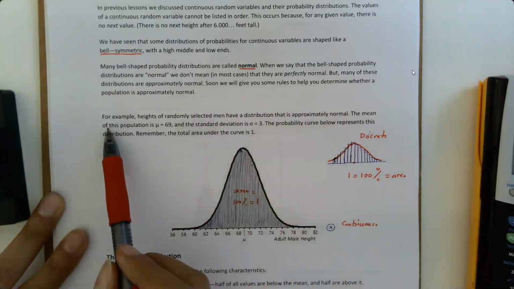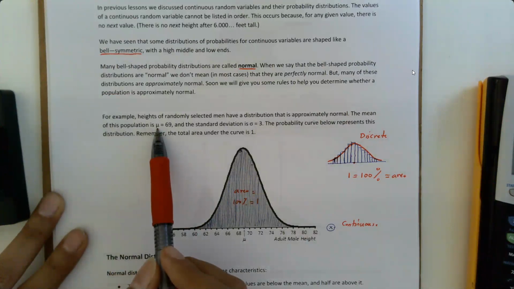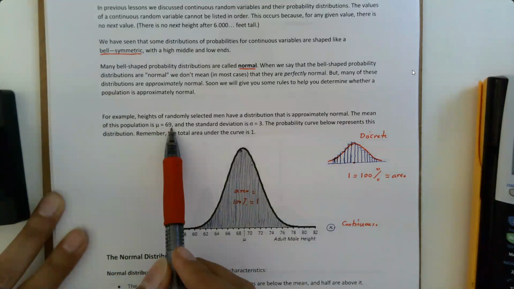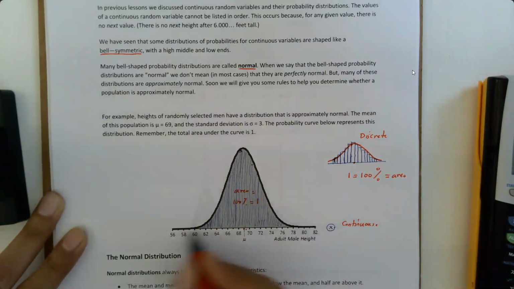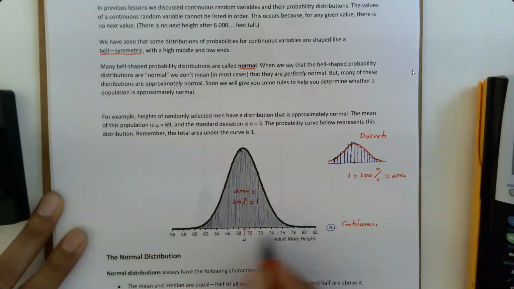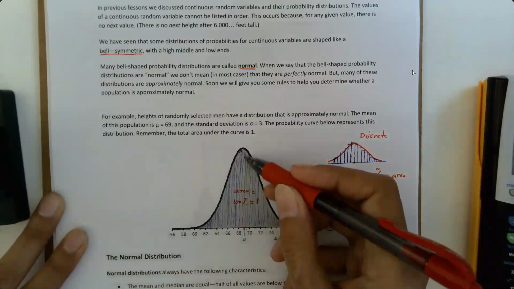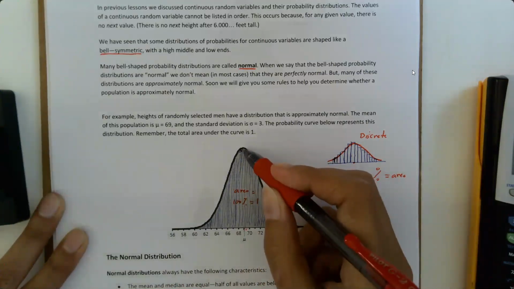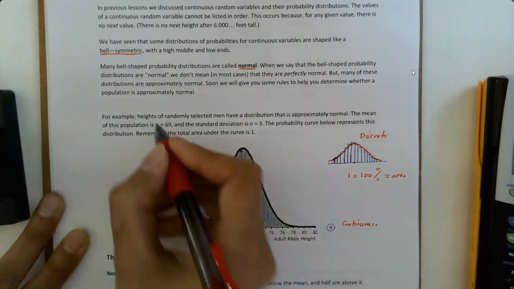The mean of this population is mu equals 69. So mu, the typical value, the average, is in the middle of the horizontal line, under the top frequency.